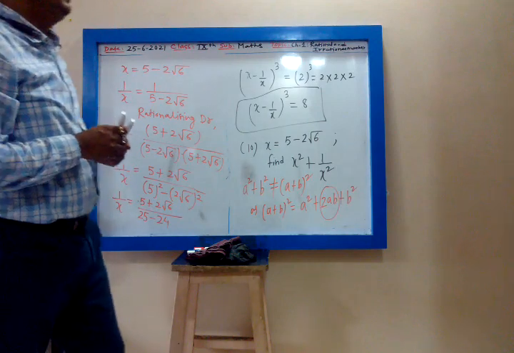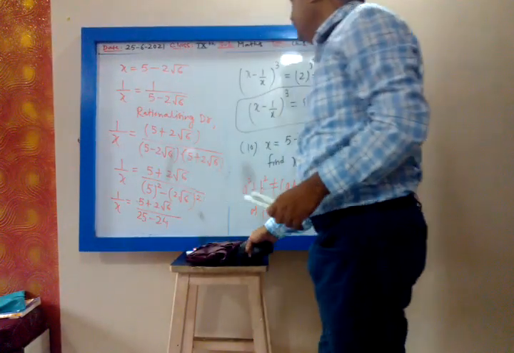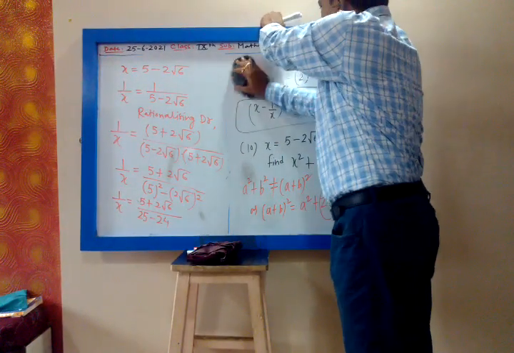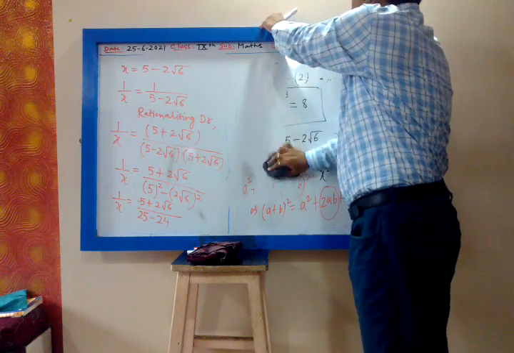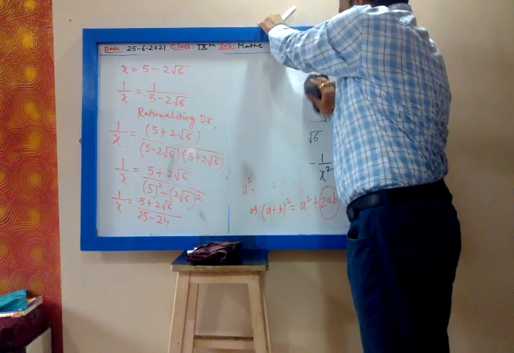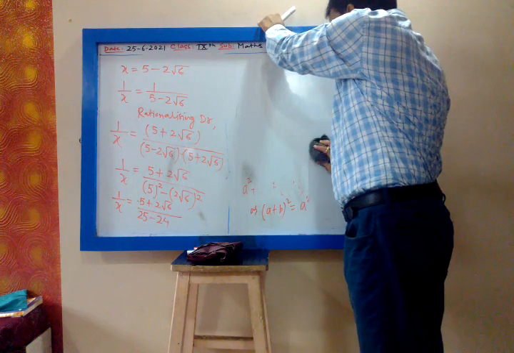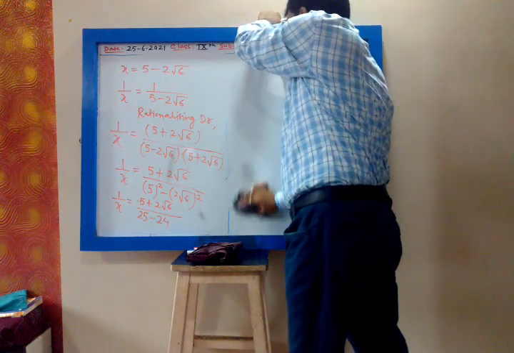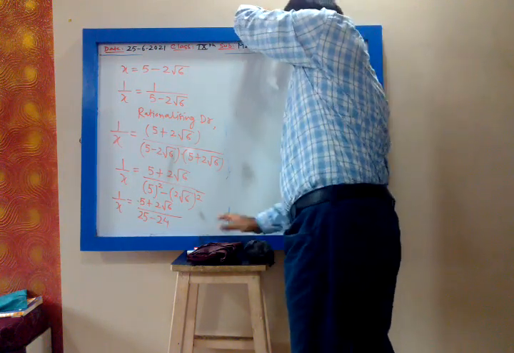Root 6 square will be 6. So 25 minus 24. We'll see what is there.